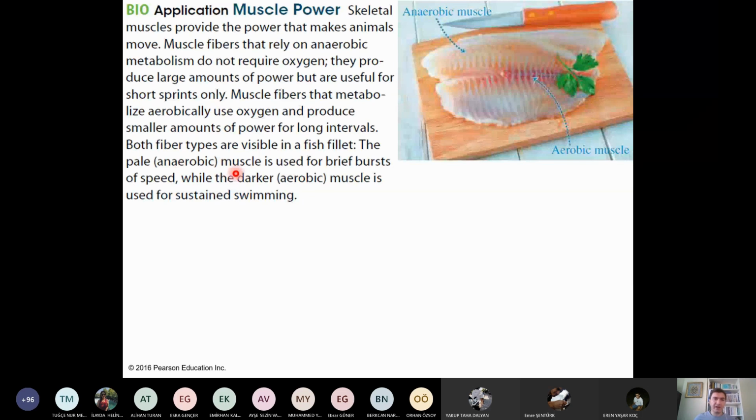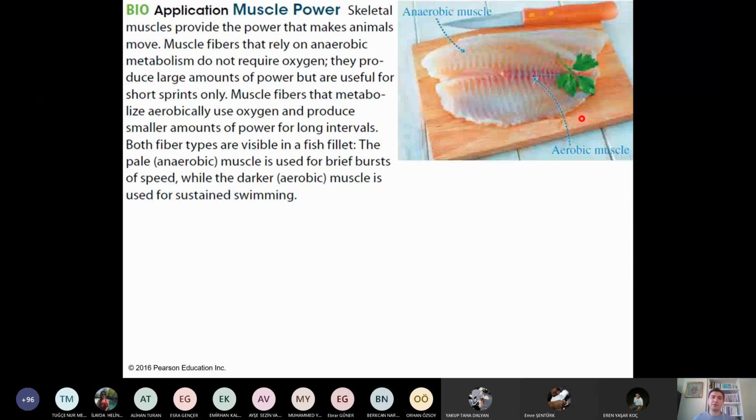So the pale anaerobic muscle is used for brief bursts of speed, while the darker aerobic muscle is used for sustained swimming. Okay, these darker ones are aerobic muscles, and they are used for sustained swimming for a long time.